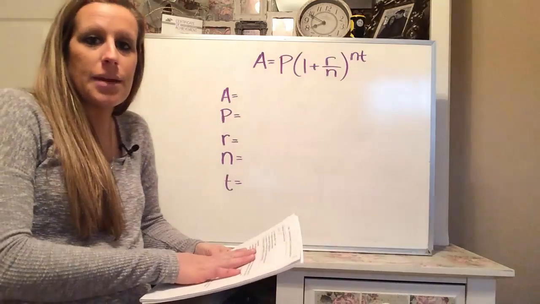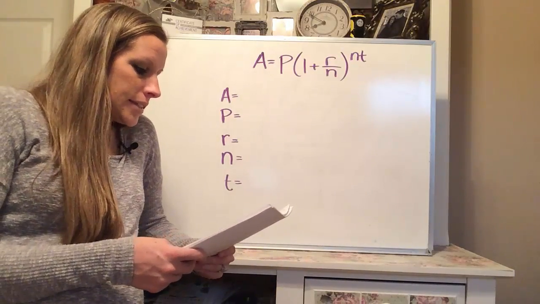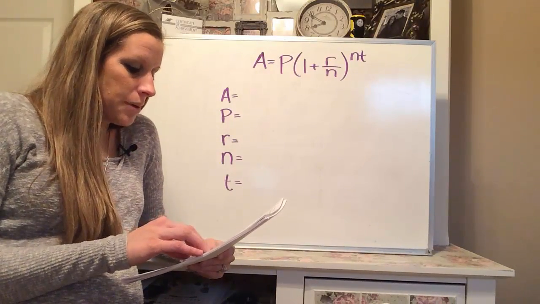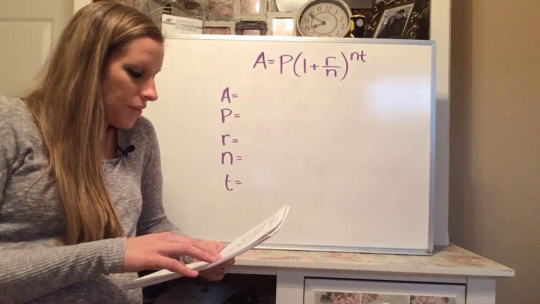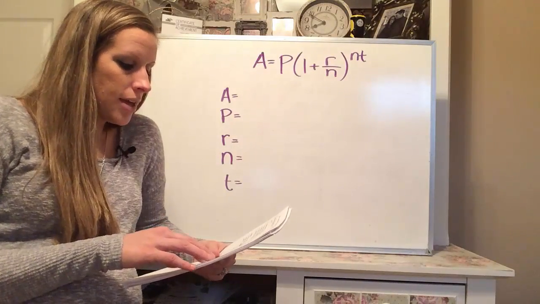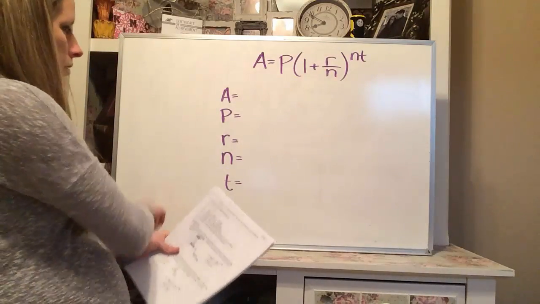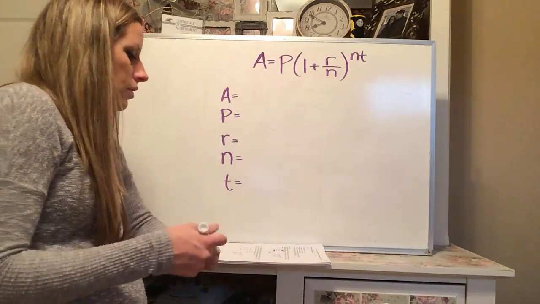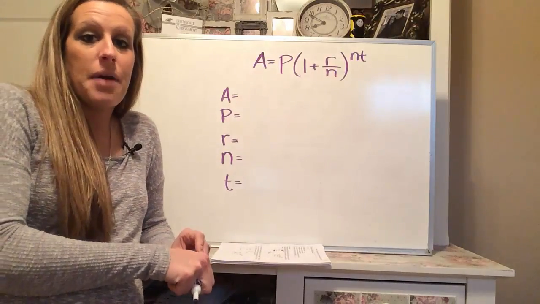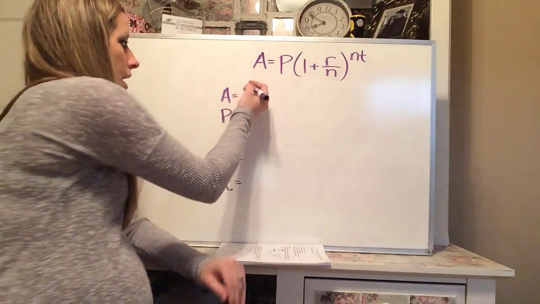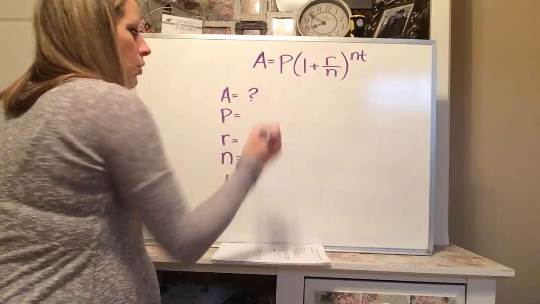Okay, so let's look at example number 1. It says the amount of $500 is deposited into an account that pays 9.5% compounded monthly. What is the balance in the account after 3 years? Okay, so what we're trying to figure out is the amount after a certain time. That's our A. So I put a question mark there.